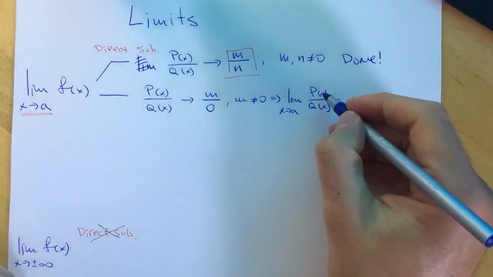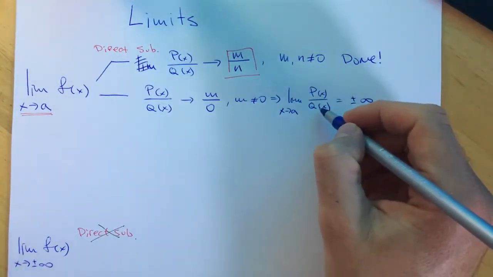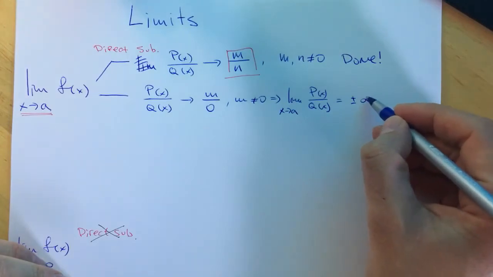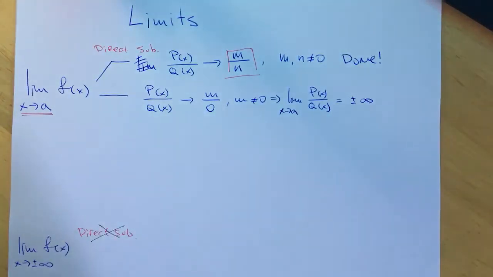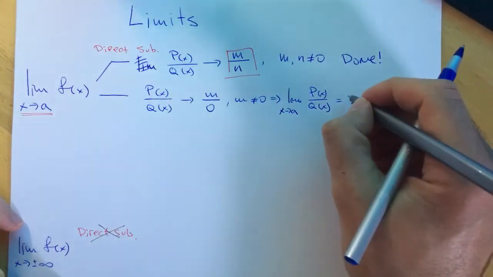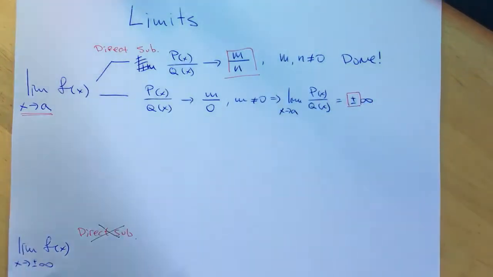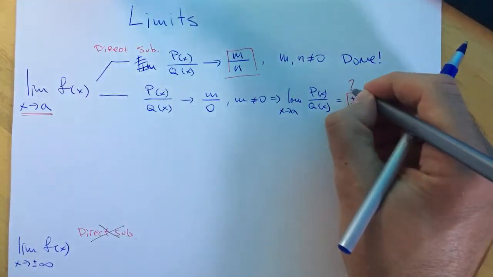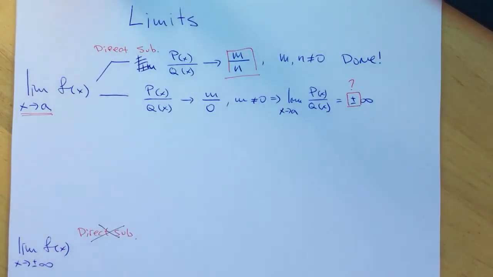If the numerator stays away from 0, but the denominator approaches 0, right away the answer is going to be positive or negative infinity. The difficulty about this question is determining the sign of the infinity, positive or negative.